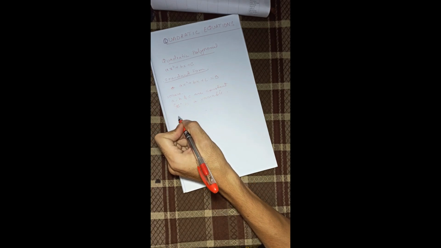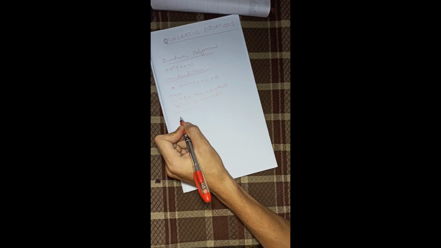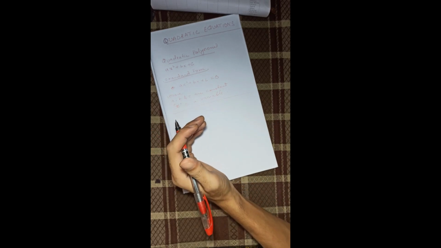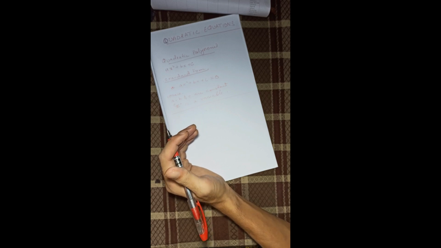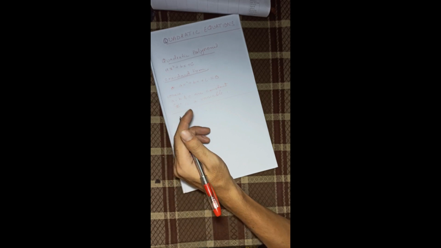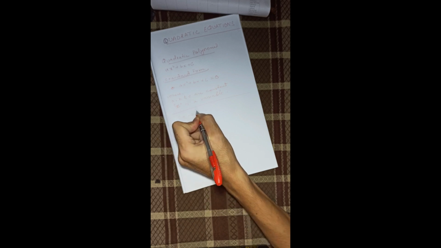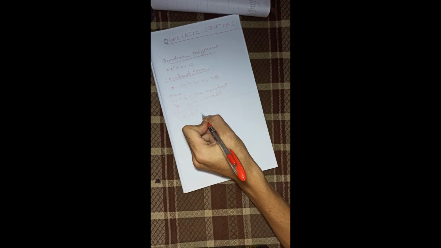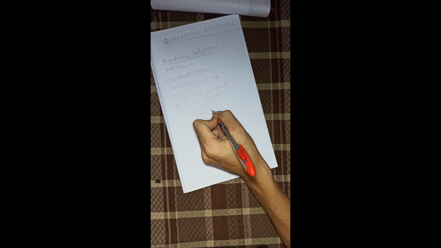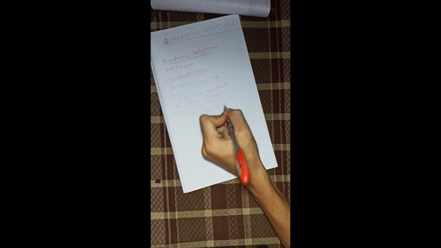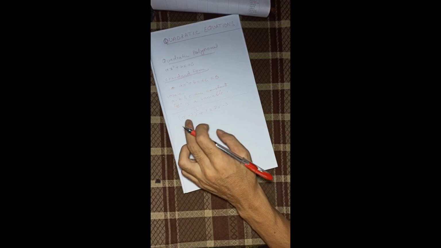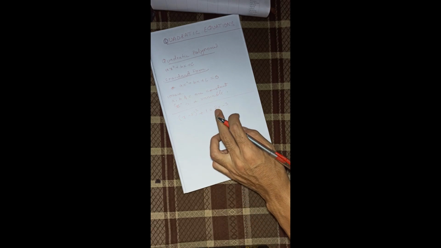Let me write out one equation, and then we have to check whether that equation is a quadratic equation or not. Let me write down one equation. (x minus 2) whole square plus 1 equals to 2x. Let's see whether this equation is a quadratic equation or not.